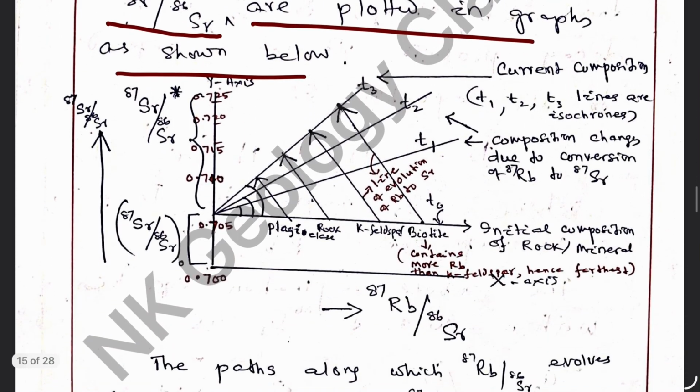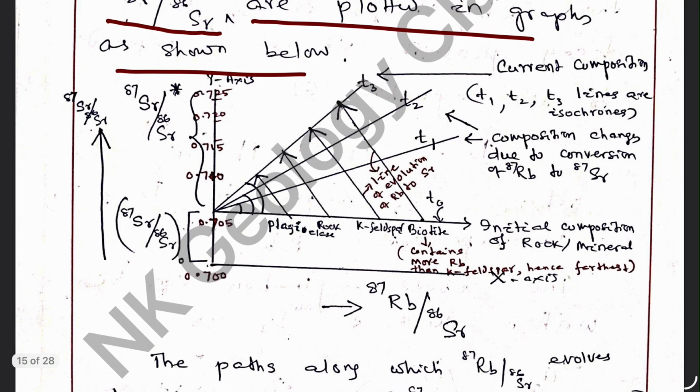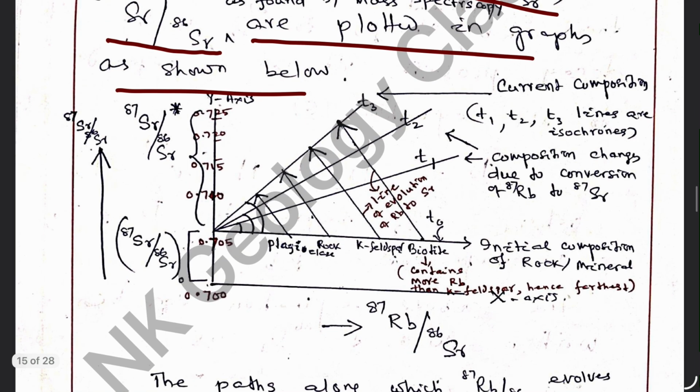Because we want to find out the age. So by plotting the ratio of rubidium 87 by strontium 86 in the abscissa and strontium 87 by strontium 86 in the ordinate, we put these values and they yield a straight line.